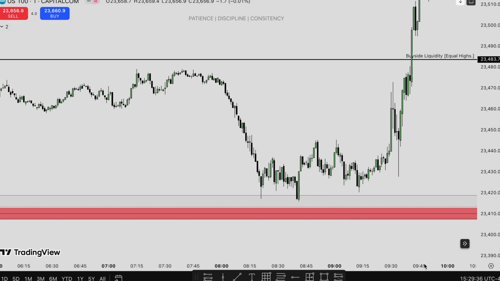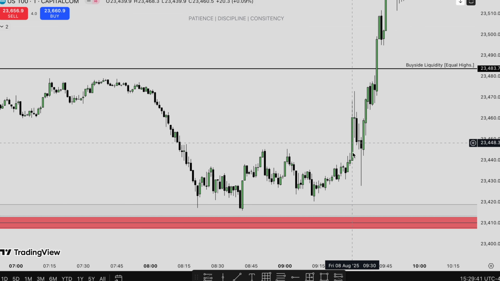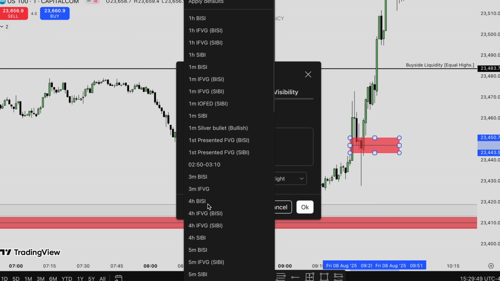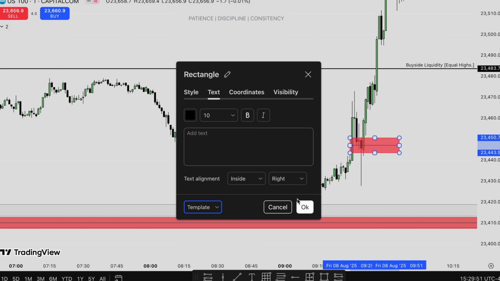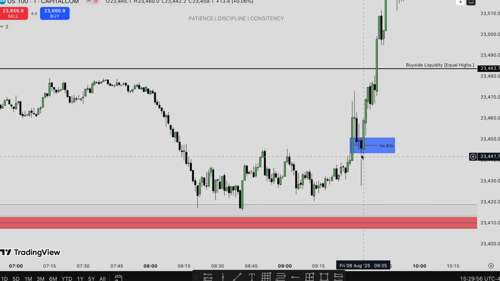This comes through just market experience. So if you would have bought this, you are indeed on side, because as you can see, look at how the bodies respect this 1 minute BISI.